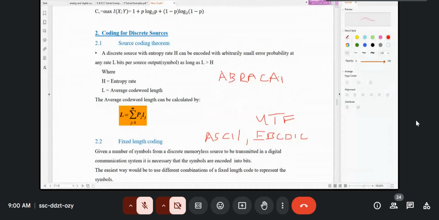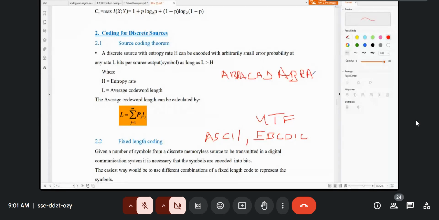Sometimes when it's explained, it may not be clear. Well, with my abracadabra, I didn't tell you the next step. Of course, we said abracadabra would use 77 bits.